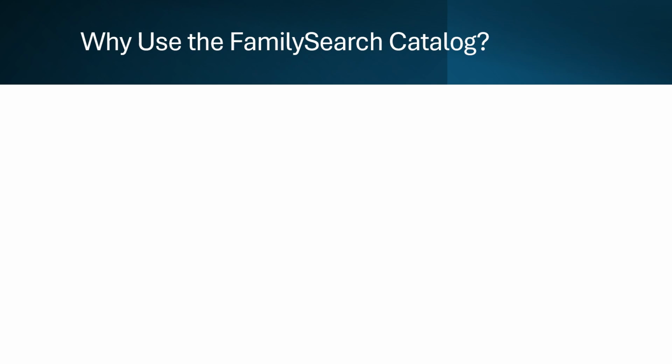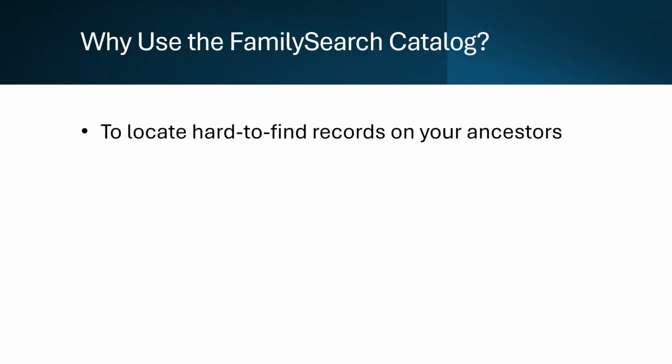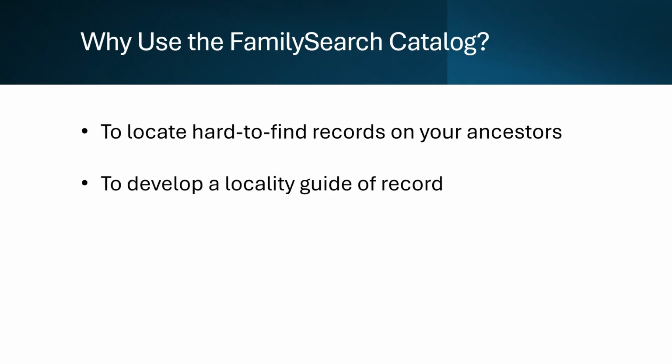So you may ask, why use the FamilySearch Catalog? Well, the catalog is a fantastic centralized repository for county and parish records and other localities and jurisdictions. And due to that fact, besides locating harder to find specialized record collections on your ancestors, you can use it to develop your own locality guide of record collections for the areas you're researching in, so that you don't have to rediscover them again and again.